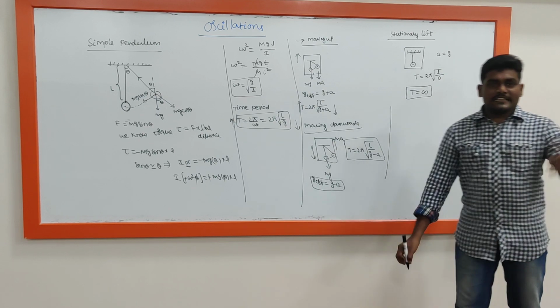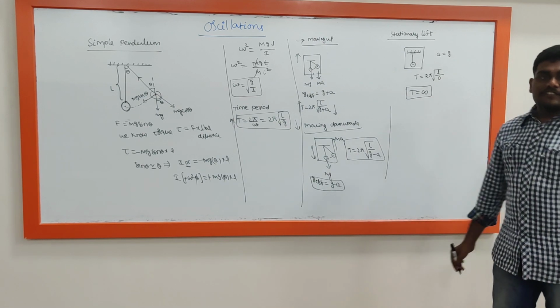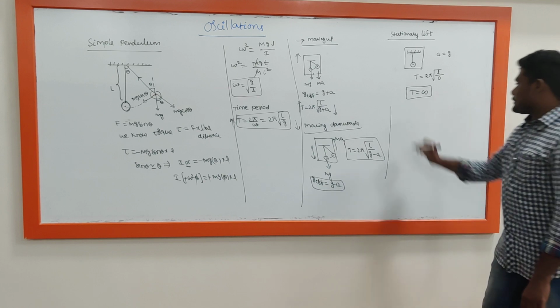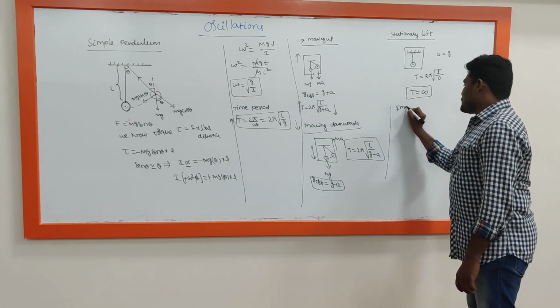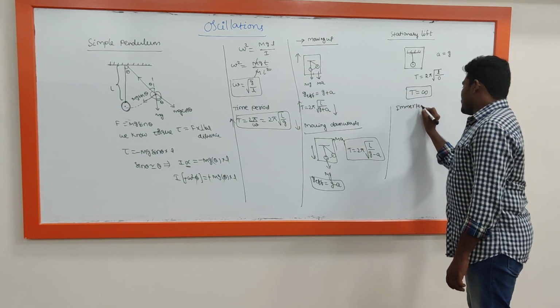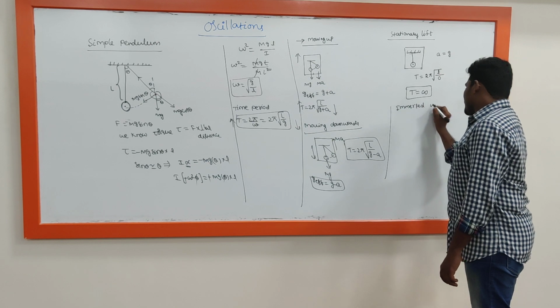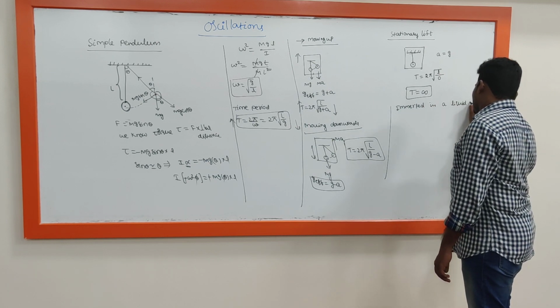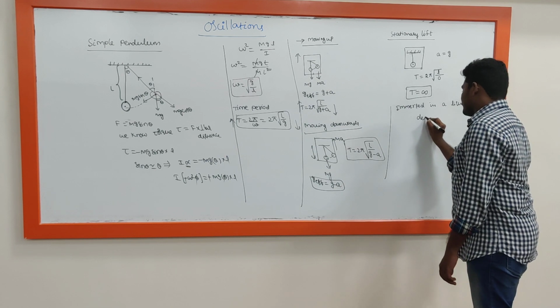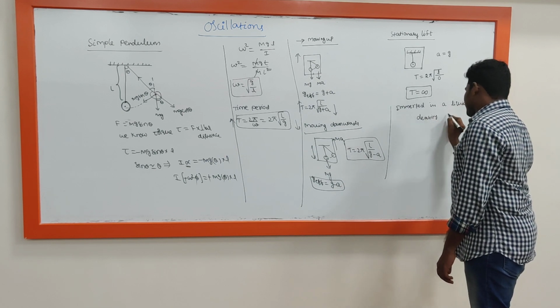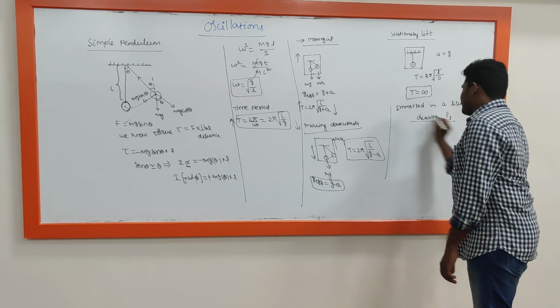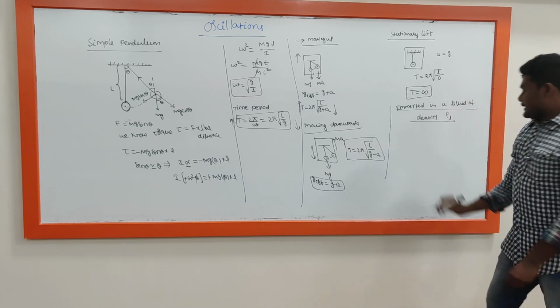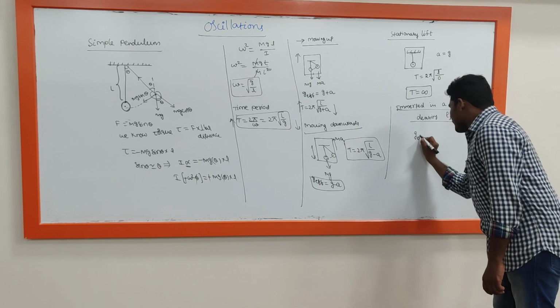Suppose the same pendulum is immersed in a liquid with the density of rho L. Then here g effective will vary.